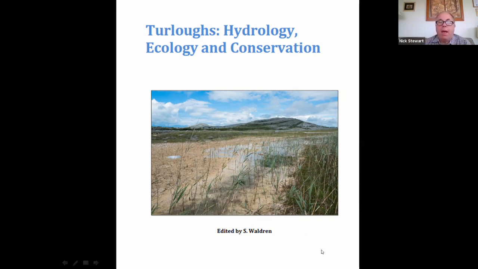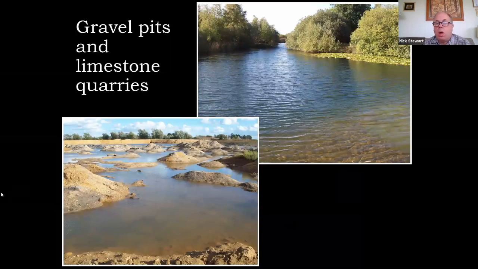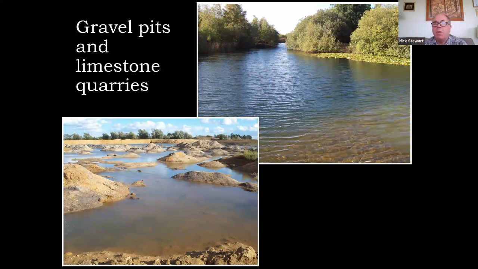In more populated parts of the country, gravel pits can be extremely important, not just for stoneworts, but for aquatic plants generally, because they are isolated from the main drainage system.